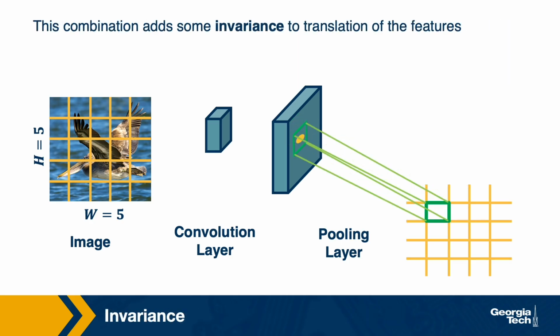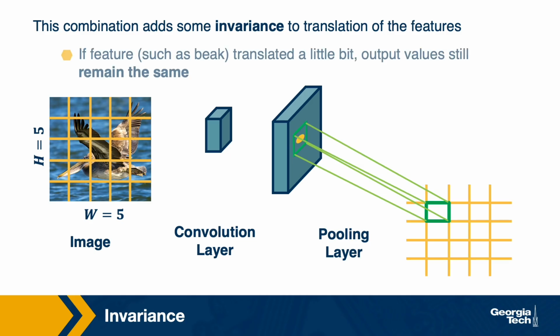Now, it turns out that this combination, where we perform a convolution and then a pooling, actually has a powerful feature. Specifically, it results in what's called invariance. That is, if the feature, for example, a beak, translates or moves a little bit in the image, the output value may still remain the same. This is because the kernel, for example, the feature that picks out beaks, will have a high value that moves a little bit in the output map.